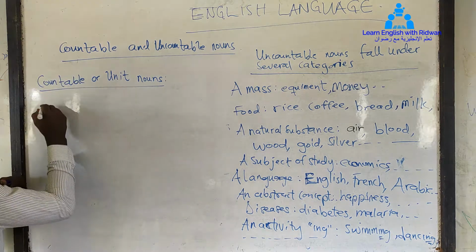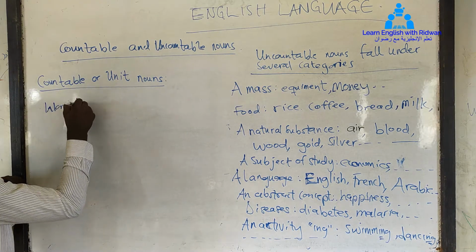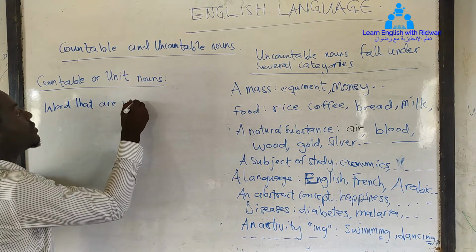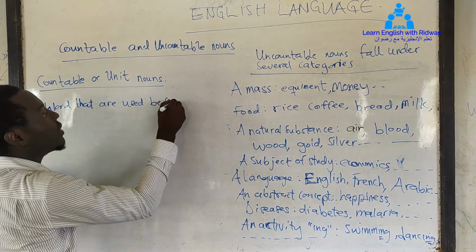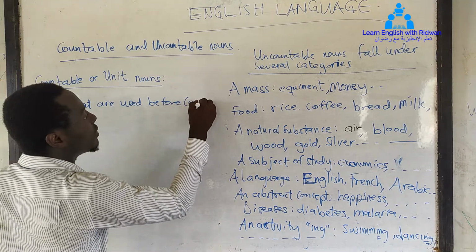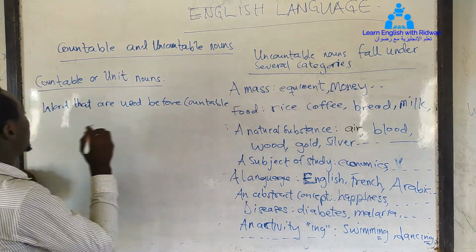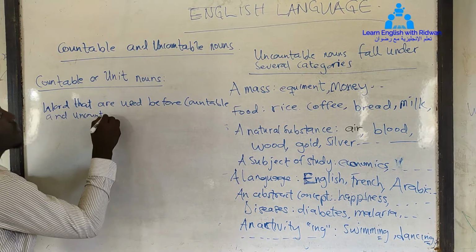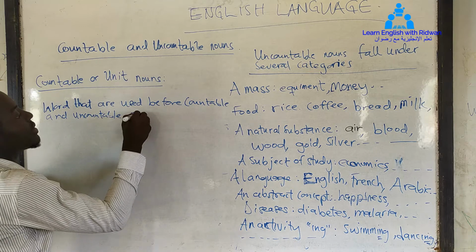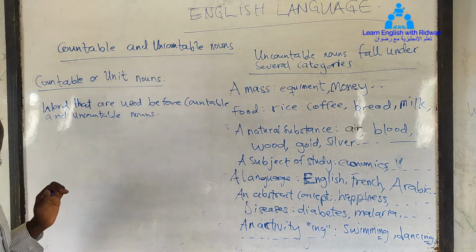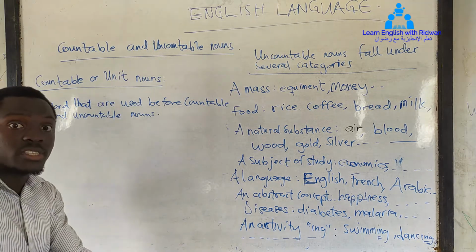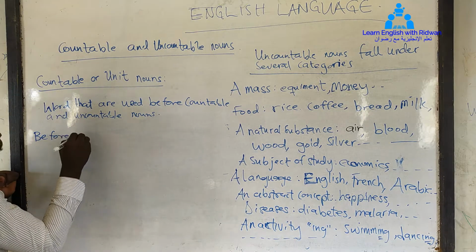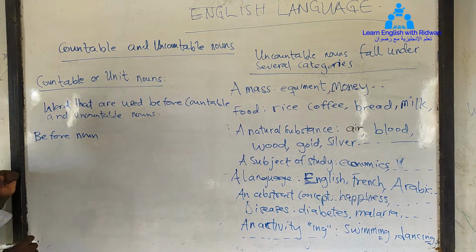So we say words that are used before countable and uncountable nouns. So we have before the what? Before the noun. That is before قبل الاسم. Before noun.